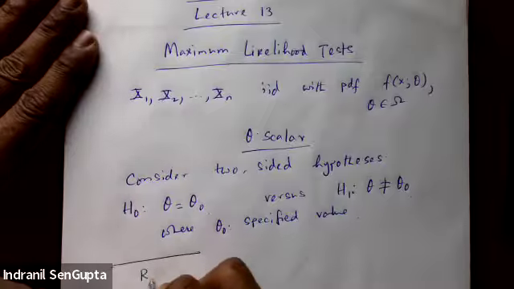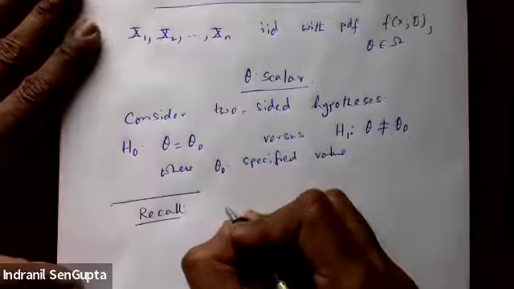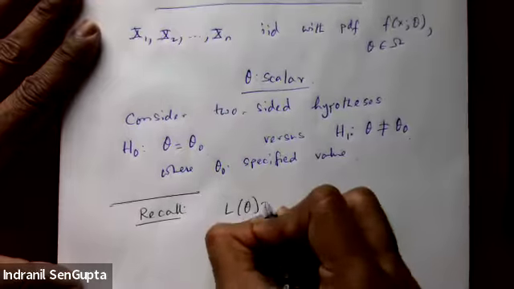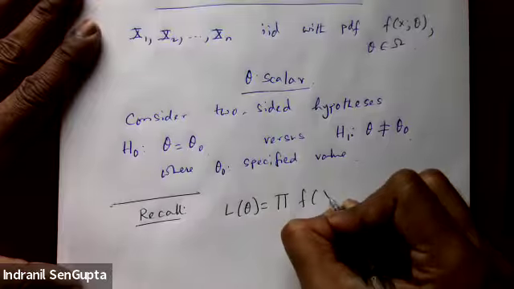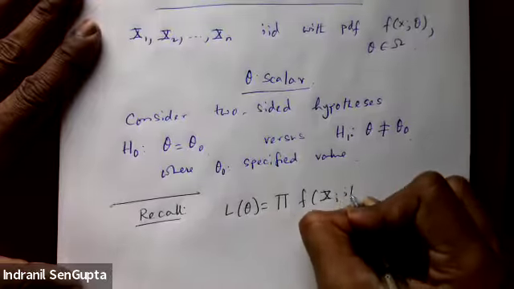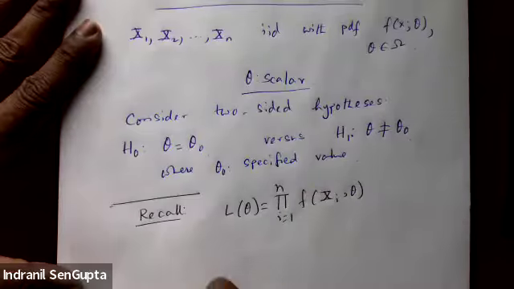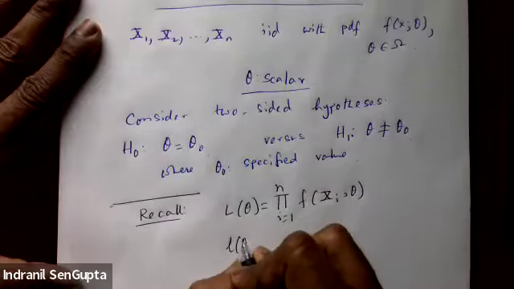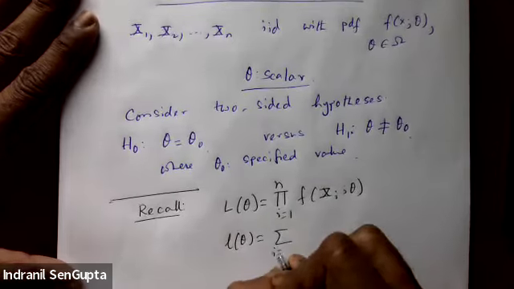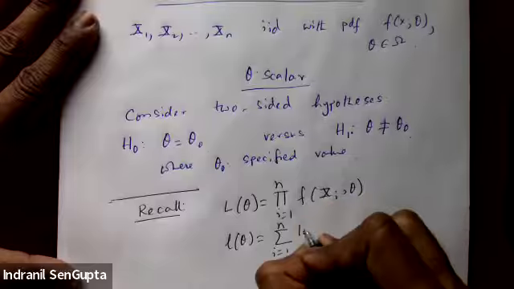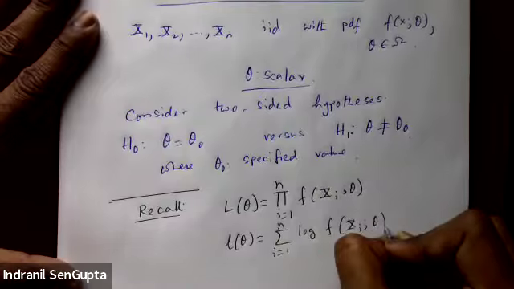So the likelihood function is given by the product of f(xi; theta), i from 1 to n. Then we compute eventually the log likelihood function, lowercase l(theta), which is the summation i from 1 to n of log f(xi; theta), right?